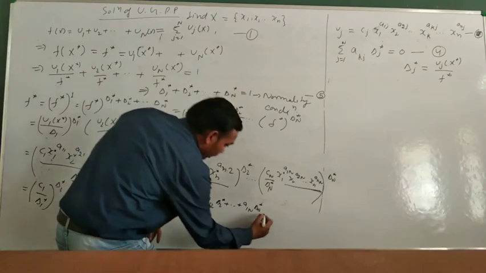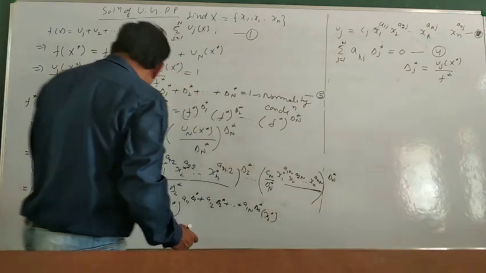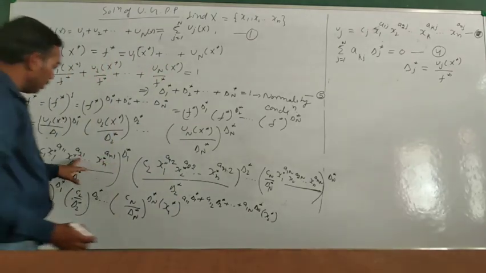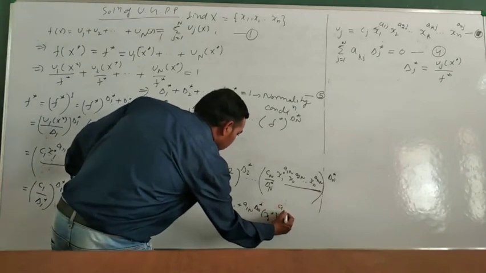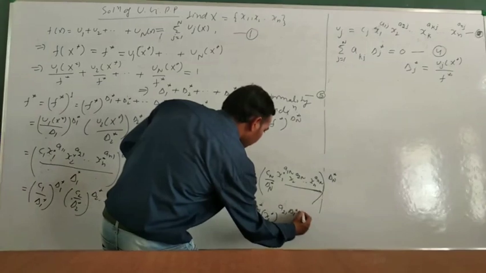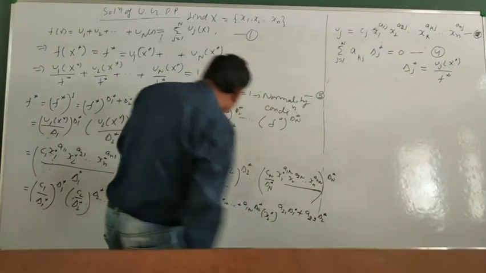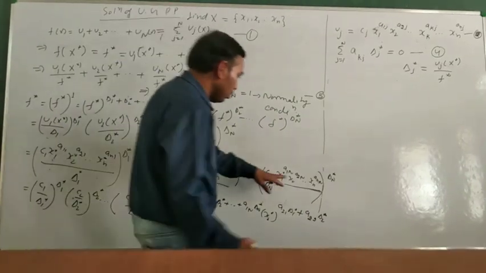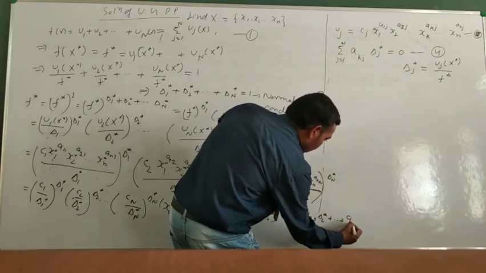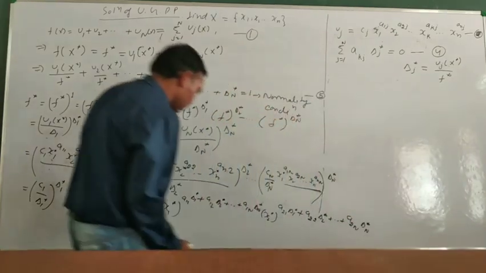Similarly, write for x2: x2 star to the power a21 delta 1 star plus a22 delta 2 star up to plus a2n delta n star.